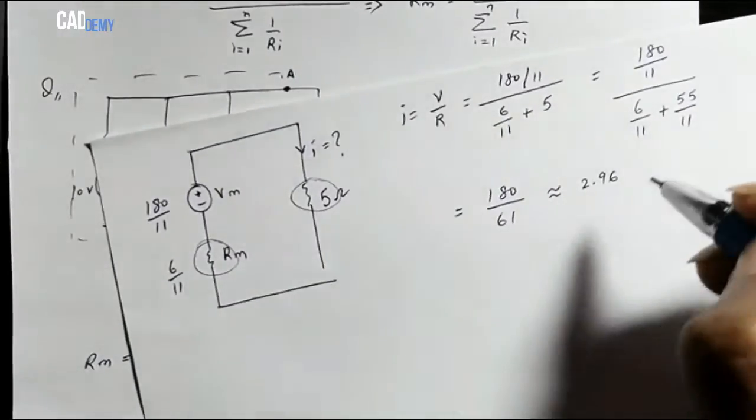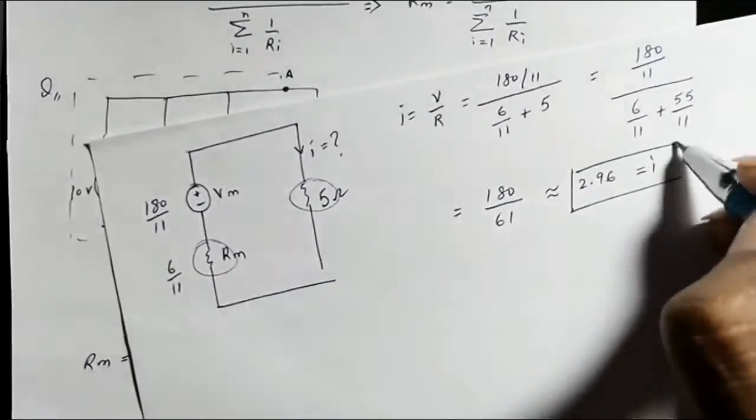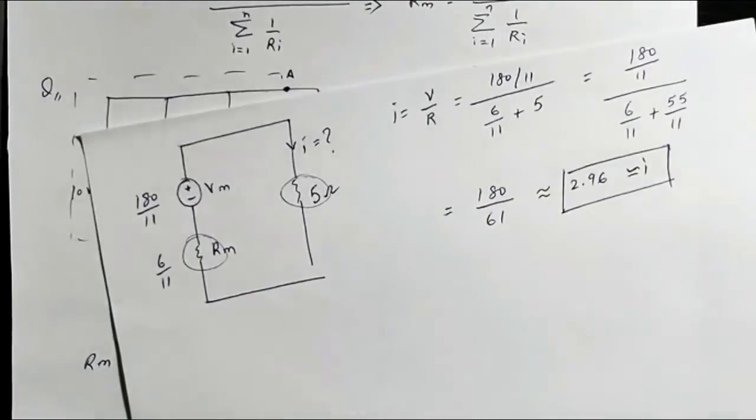So the value of current I is approximately 2.96 amperes. This is how Millman's theorem is used in numerical problems.